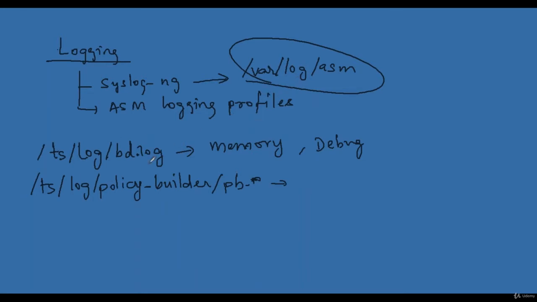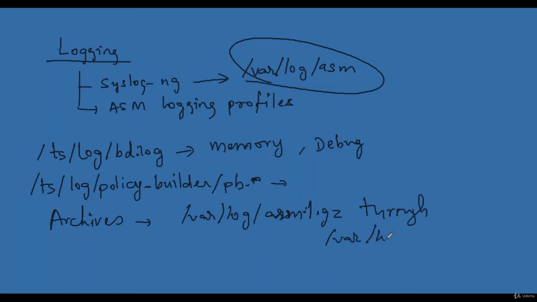With respect to this log itself, various archives get created, like /var/log/asm.1.gz through /var/log/asm.8.gz. This is the oldest file, and this one is the newest file.